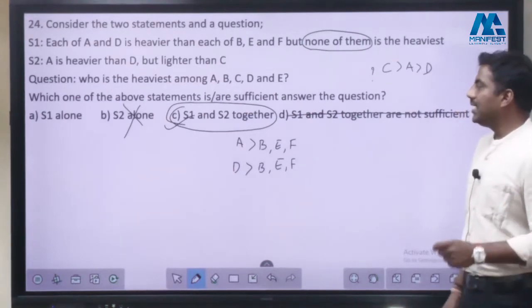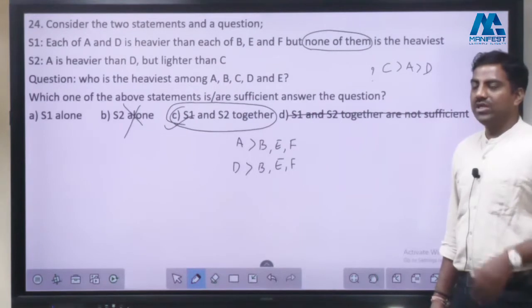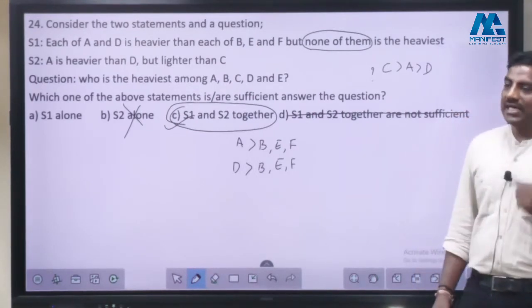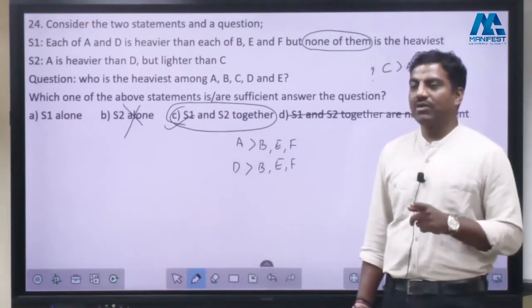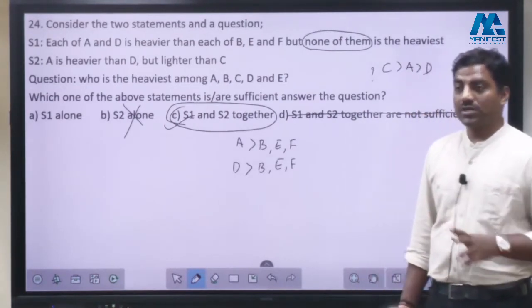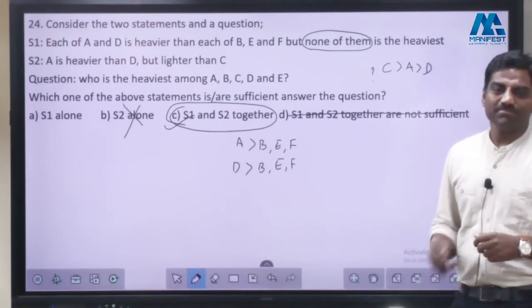Among A, B, C, D, E, who is the heaviest? A is not, D is not. Consequently, B is not, E is not. In that case, can we say C is the highest?